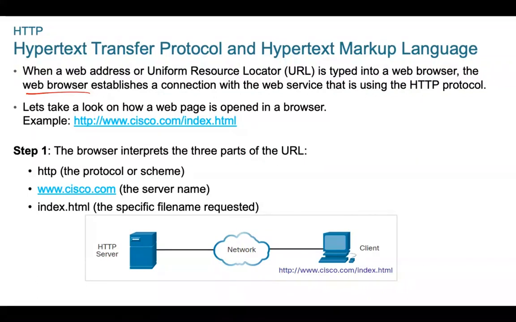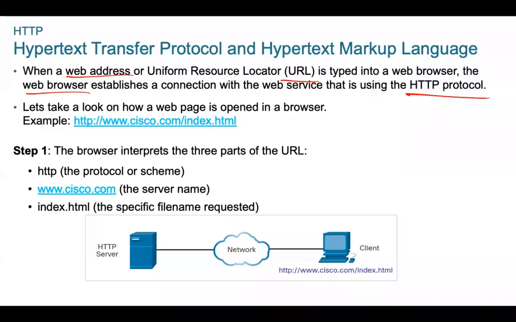When a web address, or uniform resource locator (URL), is typed into a web browser, the web browser establishes a connection to the web service. The web service is running on the server using the HTTP protocol.